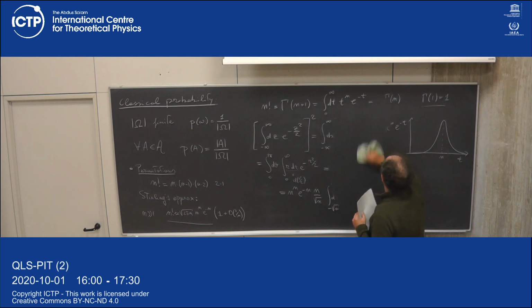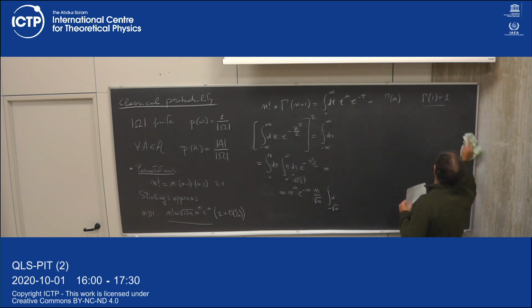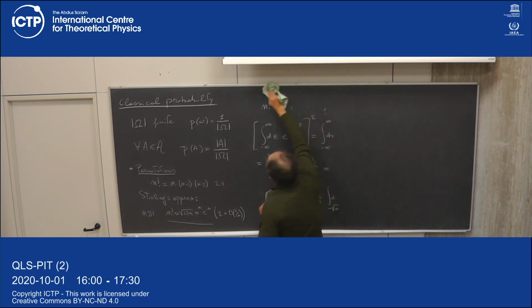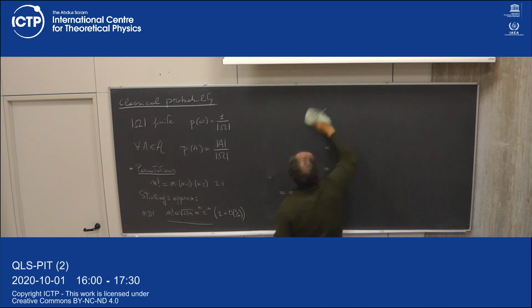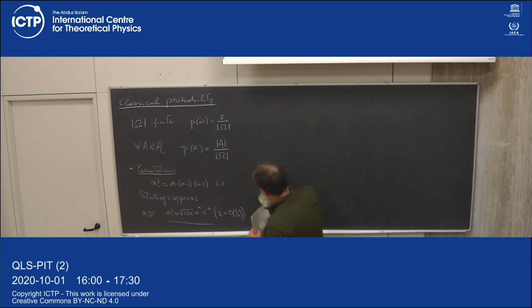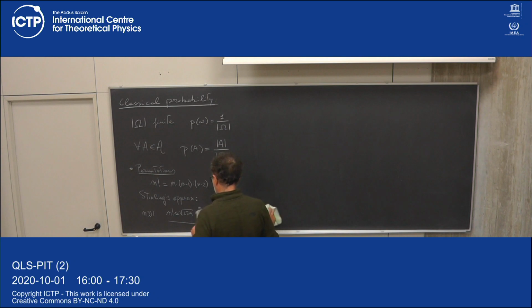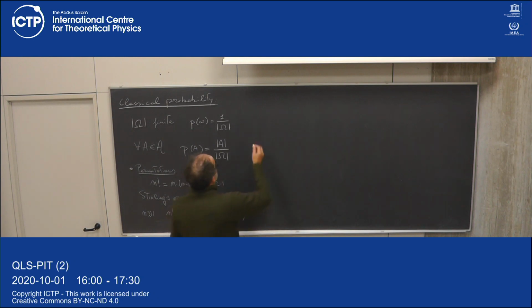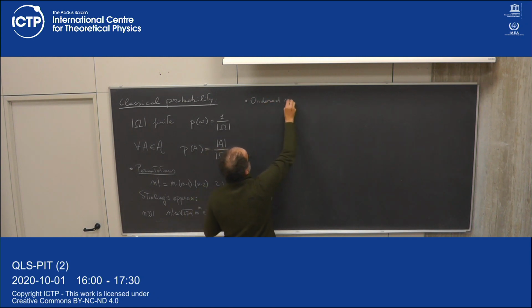Okay, so there are other important objects in combinatorics. The second one is just to remind you, the number of ordered samples.